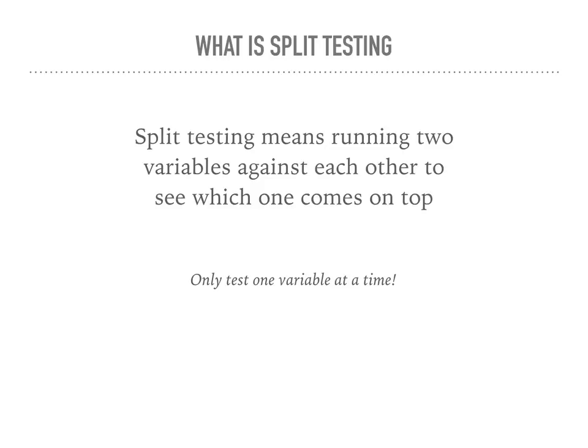But by testing variables, you get to see which one performs better, no matter if you understand why they perform better. You just let the data speak, and you get to capitalize on the variation that works the best.